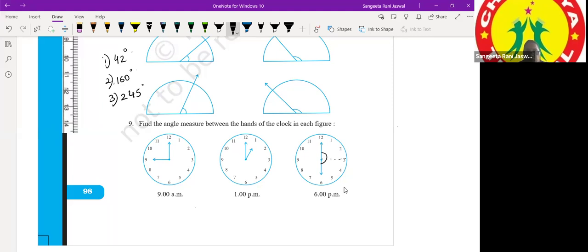Okay, those who have done, show me the notebooks. Okay, this is which one? First, show me. Okay, 42 degrees.